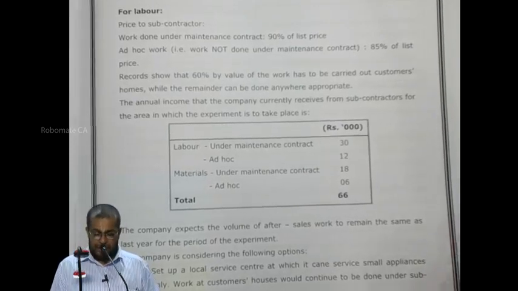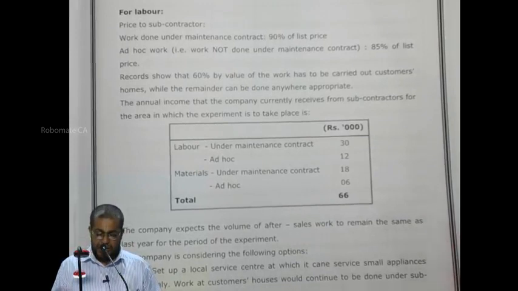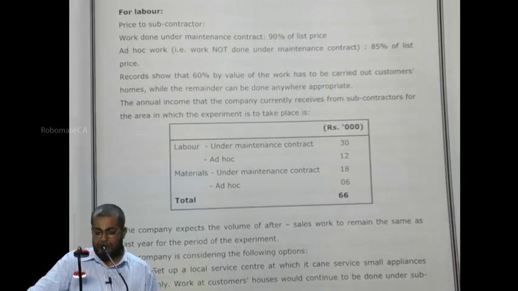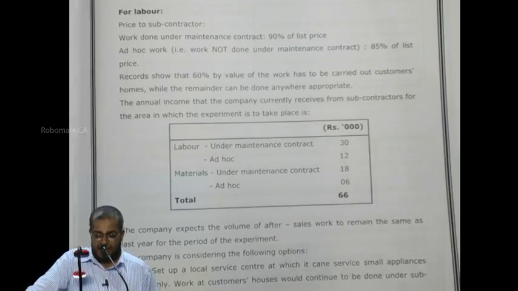The annual income that the company currently receives from subcontractors for the area in which the experiment is to take place is: labor under maintenance contract 30,000, ad hoc 12,000, material under maintenance contract 18,000, ad hoc 6,000. Total income the company is earning is 66,000. The company expects the volume of after-sales work to remain the same as last year for the period of the experiment.